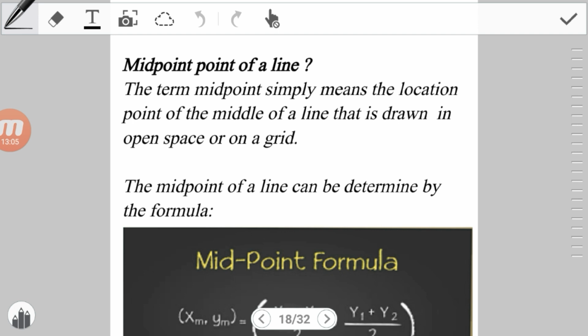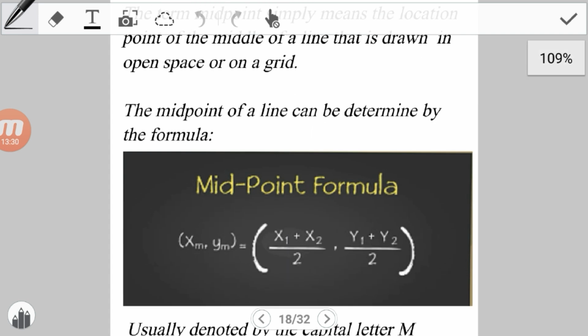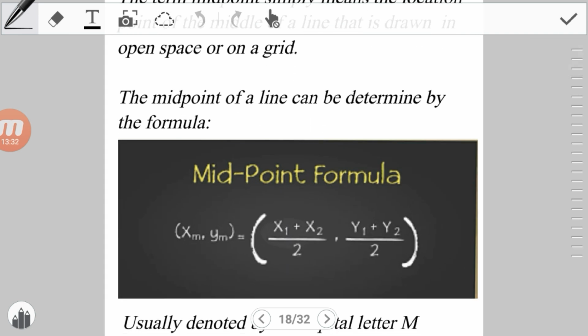It's kind of self-explanatory when we say midpoint, because it's the middle point, finding the central location of a line. And so here it says that the term midpoint simply means the location point of the middle of a line that is drawn on open space or a grid. Simple as that.